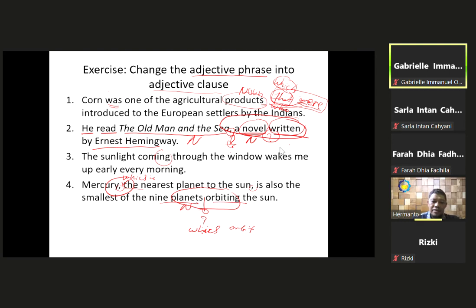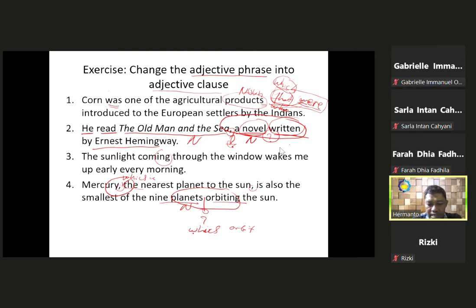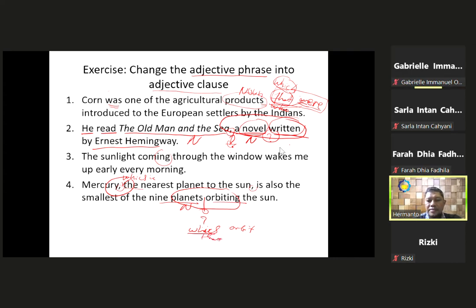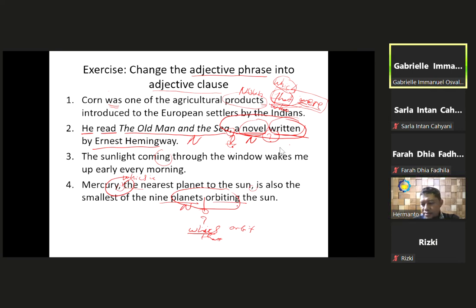Okay, Gabriel, that's correct. Can you replace which with that, Gabriel? Yes. All right. Which orbit? That orbit. Is it okay which is orbiting or which are orbiting? 9 planets which are orbiting? Yes, it's okay.